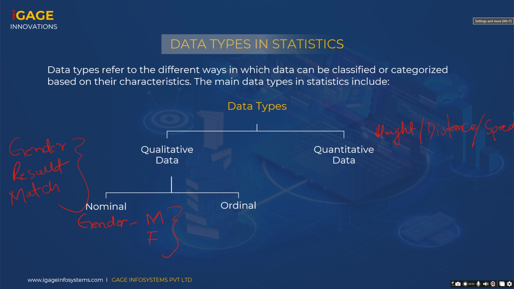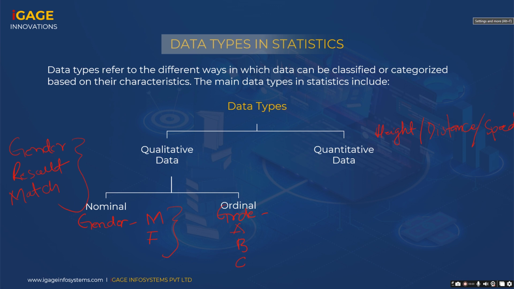But when it comes to ordinal data, in comparison to the nominal scale, ordinal scale data has more information because along with the label, it also contains direction. As an example, grade. Grades are categorized as A, B, and C, which means grade A is better than grade B and C. Grade A students score more than 85%.